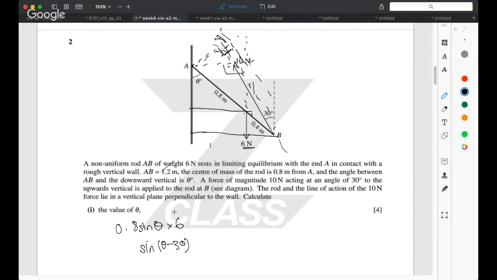You want to find this distance here, and you've got the angle here. So sine of this angle times the length of the long edge gives you the length of the short edge. Then times the force, 10 newtons. And those two moments are equal, right? Because it's in equilibrium. And then you just solve the equation.